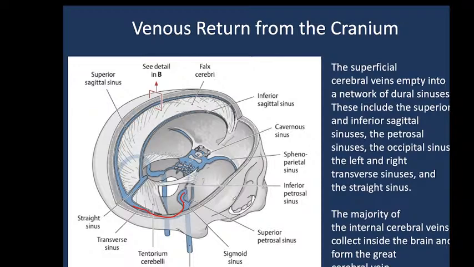Here you see sigmoid sinuses, which are tributaries of the internal jugular vein. Here you see a straight sinus, superior sagittal sinus, inferior sagittal sinus.